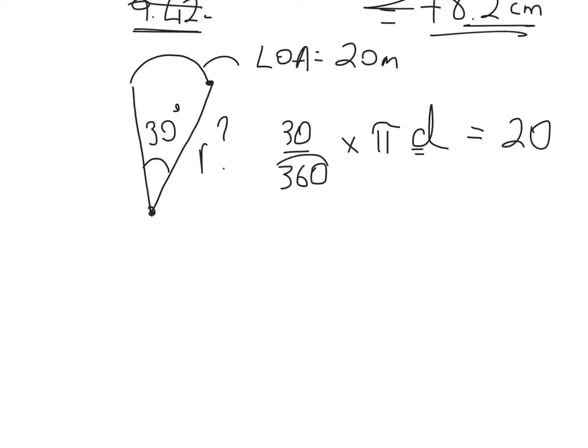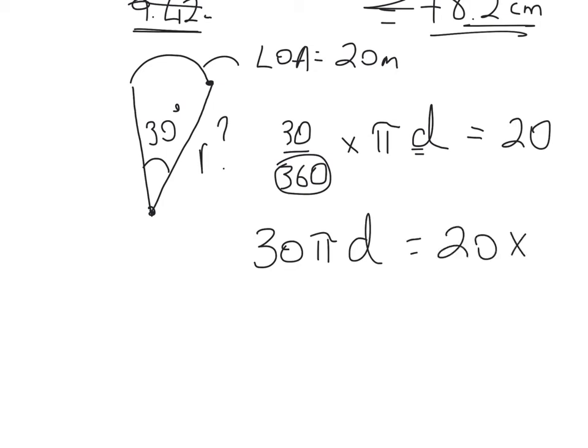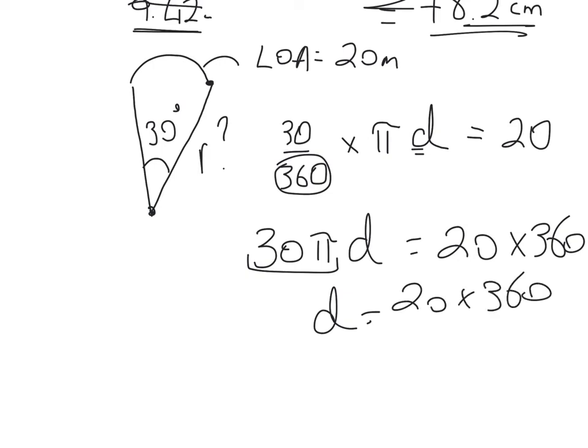So I can get rid of the divide by 360 by multiplying by 360. I can then get rid of the times 30 pi by dividing by 30 pi, so it's just applying a little bit of changing the subject of the formula.